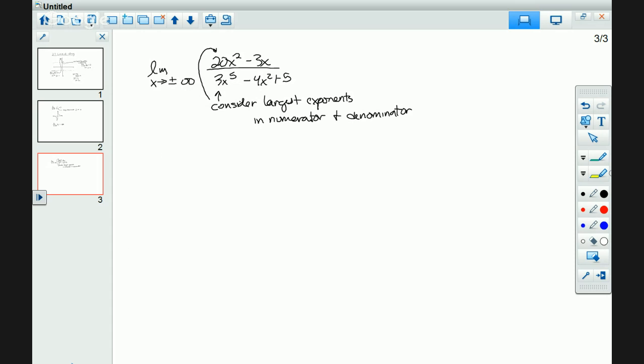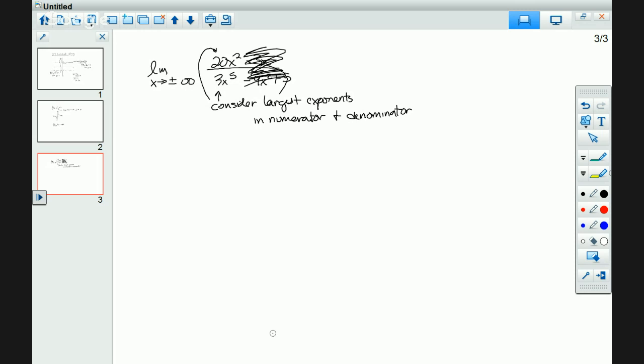That's all we're gonna worry about. If you ever want to be messy on your math work, this is a good spot. Yeah, we have the highest exponents, top and bottom, right?